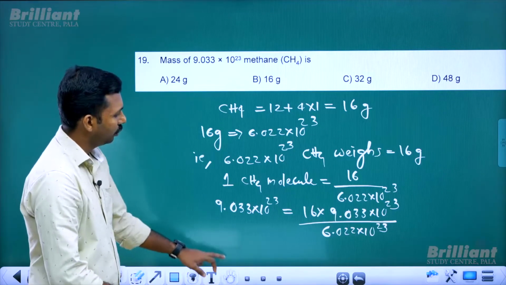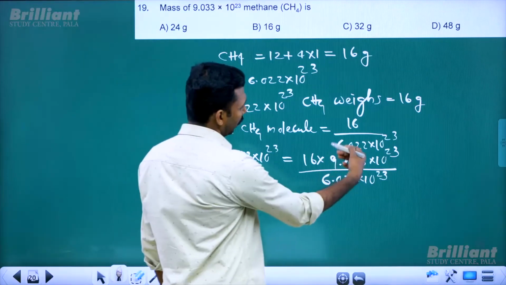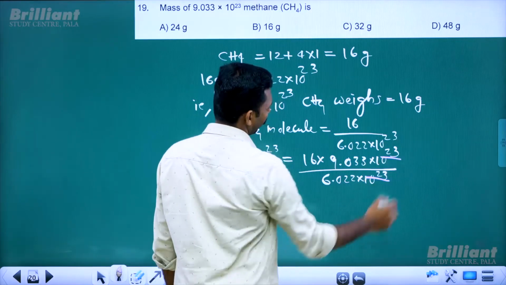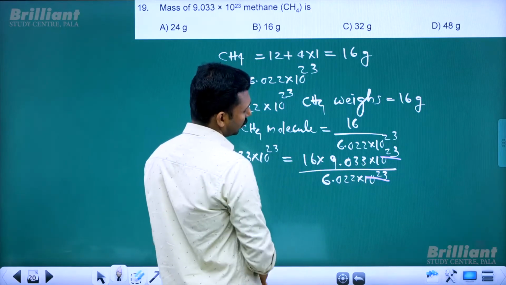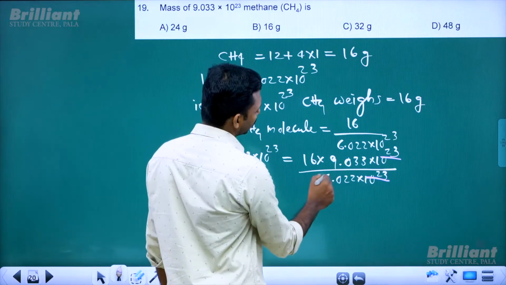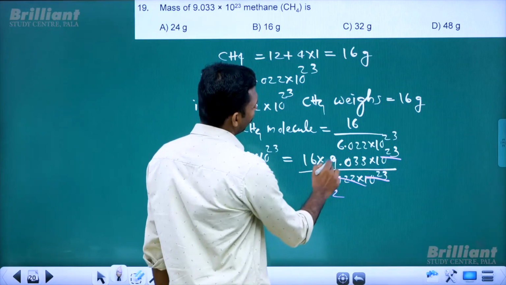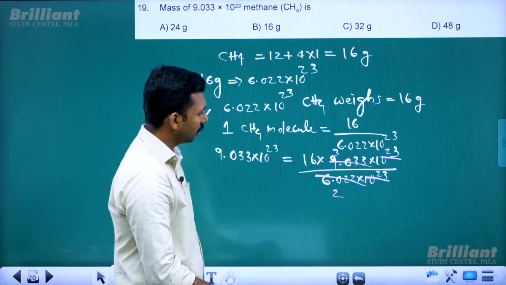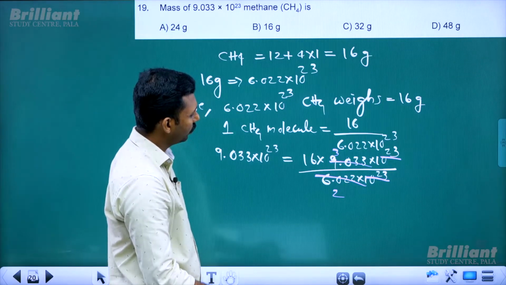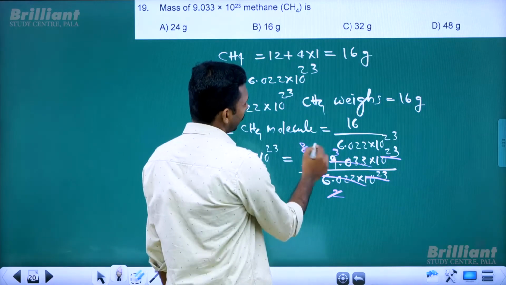So what will be the solution here? If it is dividing, 10 raised to 23 and 10 raised to 23 can be cancelled. No doubt. So 9 by 6, we are cutting it with 3, I will get here 2 and 3. So 3 by 2. 16 and 2 are cancelled, so we will get 8 here.